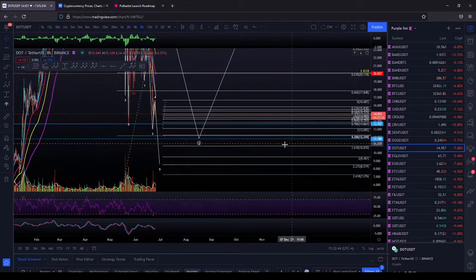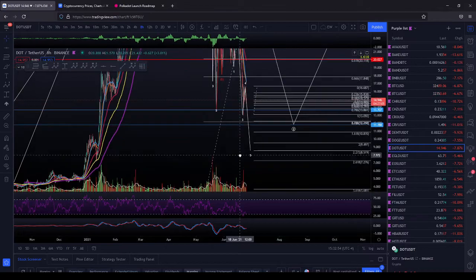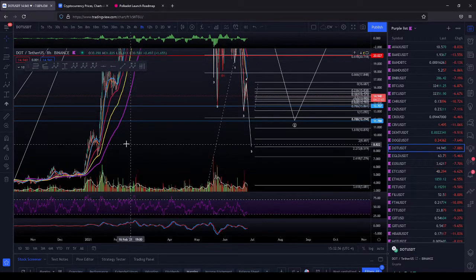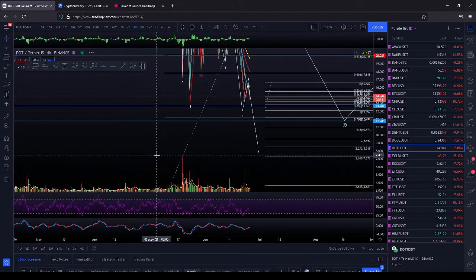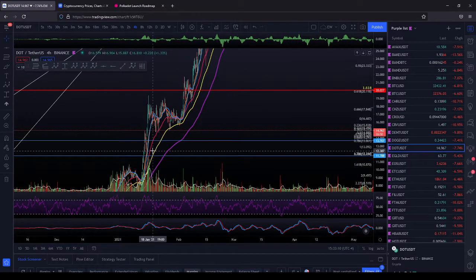So where do we have confluence? Nowhere. So this is beyond the 786, but we do have this right here, which is pretty powerful. We also have, we can barely see it, but on the 786 there is another zone right here.